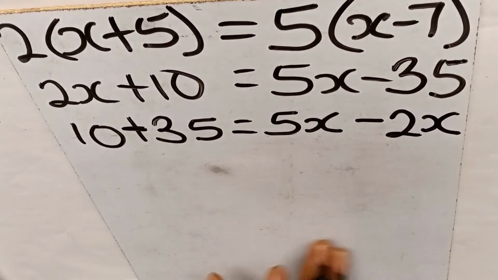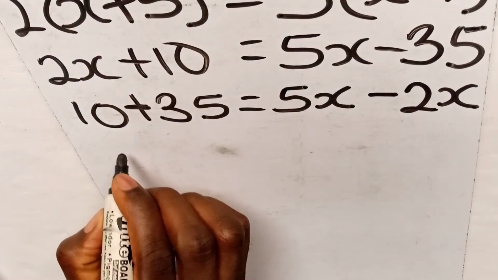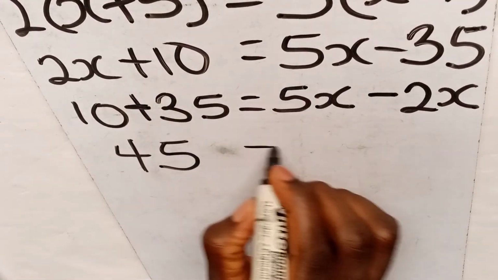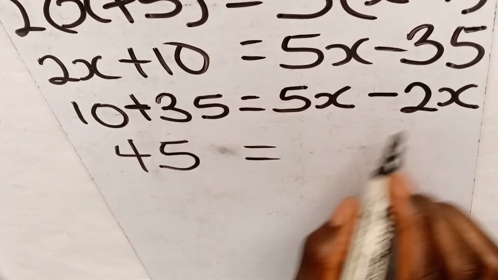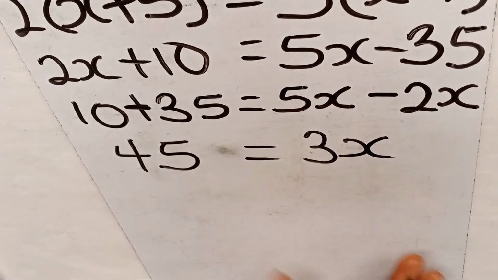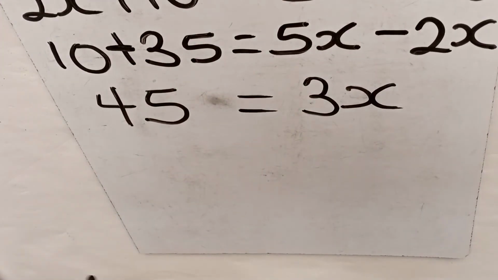Negative here. Okay, now that I'm done, 10 plus 35 gives you 45 equal to 5x minus 2x gives 3x. Good. So we want x, we don't want 3x. So what are you going to do?